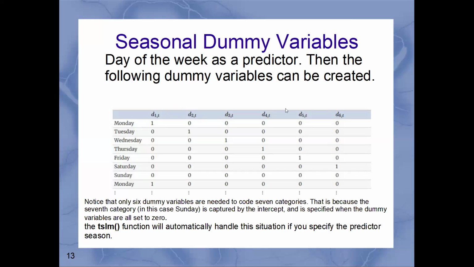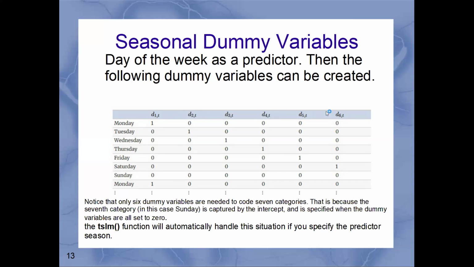If you notice, there are 6 values here. Monday would be 1, 0, 0, 0, 0, 0, Tuesday would be 0, 1, 0, 0, 0, 0, and Wednesday 0, 0, 1, 0, 0, 0. We can use these dummy variables as actual variables.